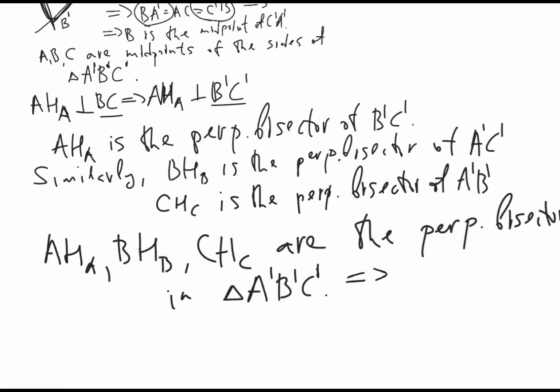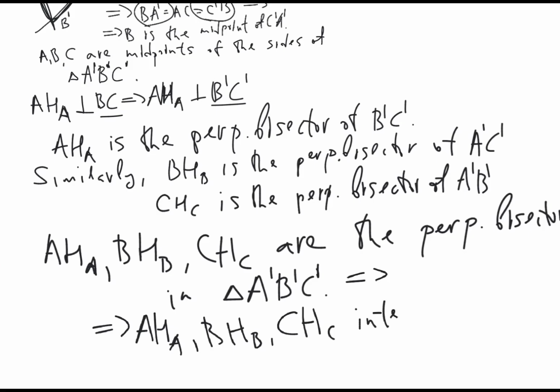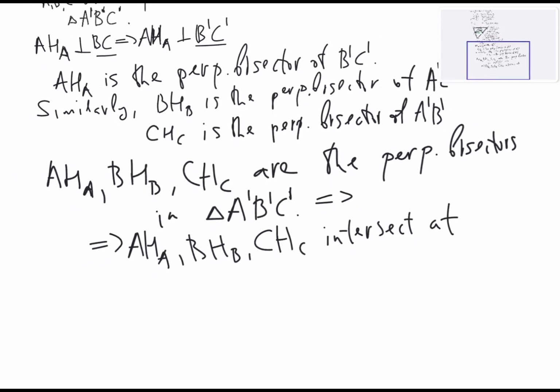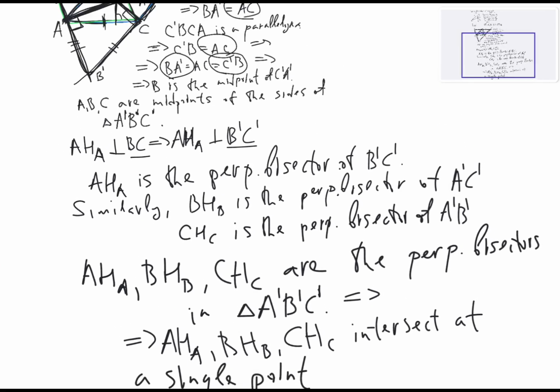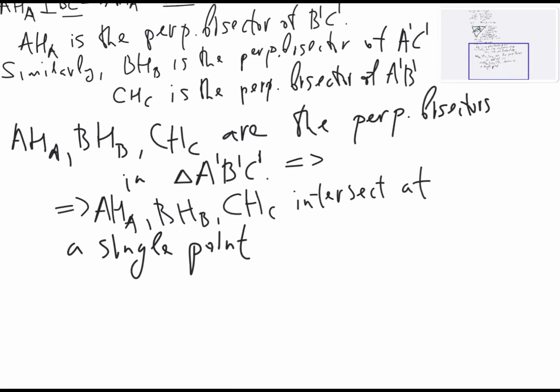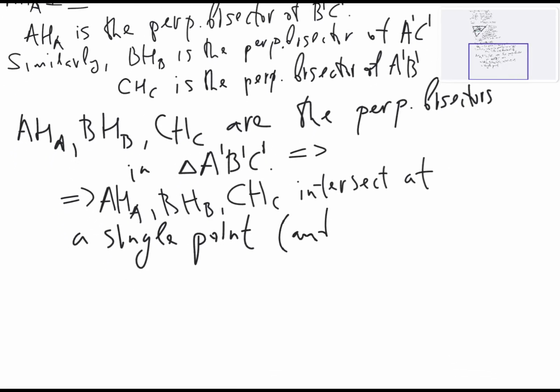So from this we immediately conclude that AHA, BHB, and CHC intersect at a single point, and this point is the circumcenter of this large triangle A prime, B prime, C prime.